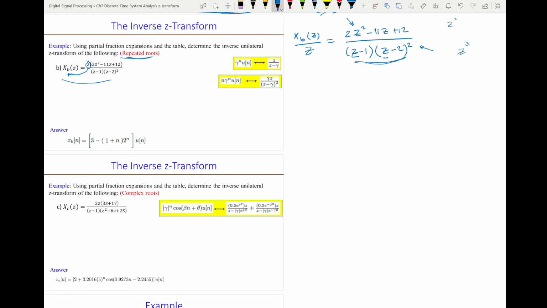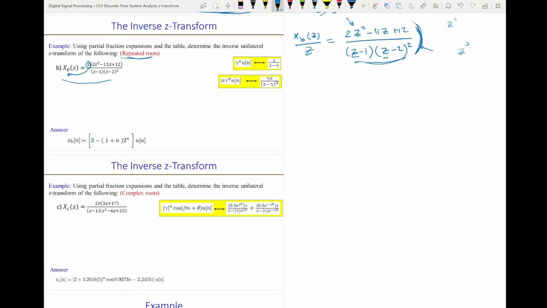So we have no issue. But if z in the numerator and the denominator have the same power, or z in the numerator has larger power, then you have to do long division first until you get an expression where z in the numerator has less power than the denominator.